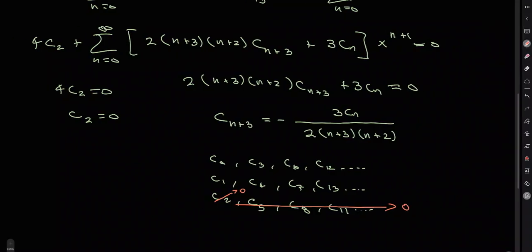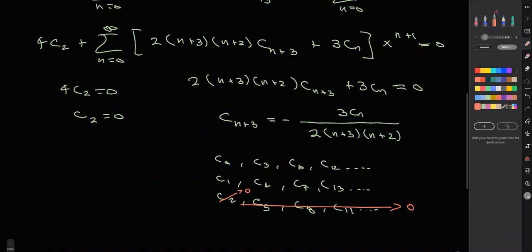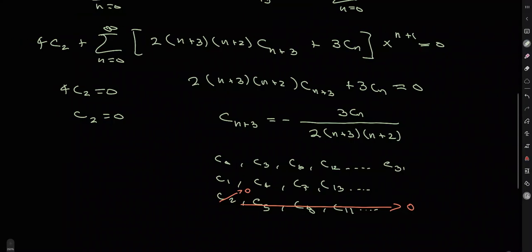So in this case, we will only need to compute these two chains of coefficients. That is, the chain corresponding to c sub 3n and the chain corresponding to c sub 3n plus 1.